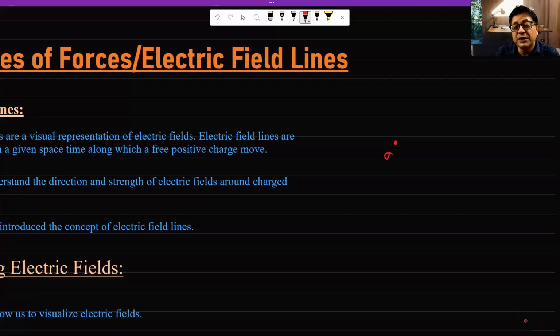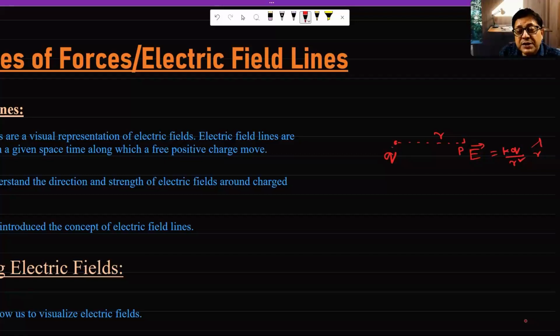If there is a charge Q at a distance r from it, you can find the strength of the electric field by using the formula kq by r square, times r cap, where r cap is the unit vector joining the charge to this point P.